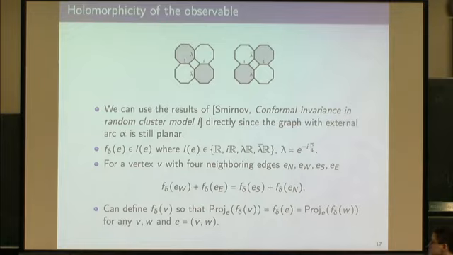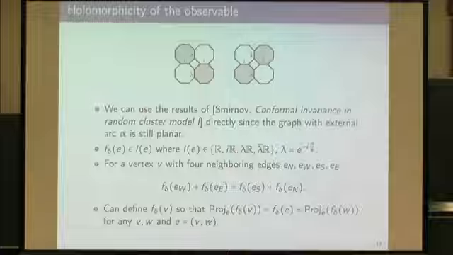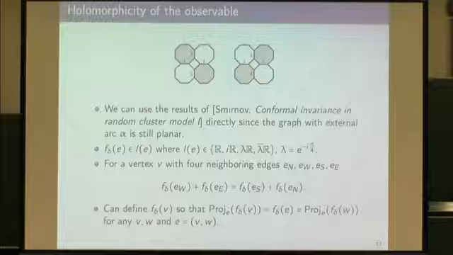The second observation is that if we sum the values of the observable at 4 neighboring edges, so B is here the center point of the small square, and it has 4 edges coming from it, then these sums are equal.